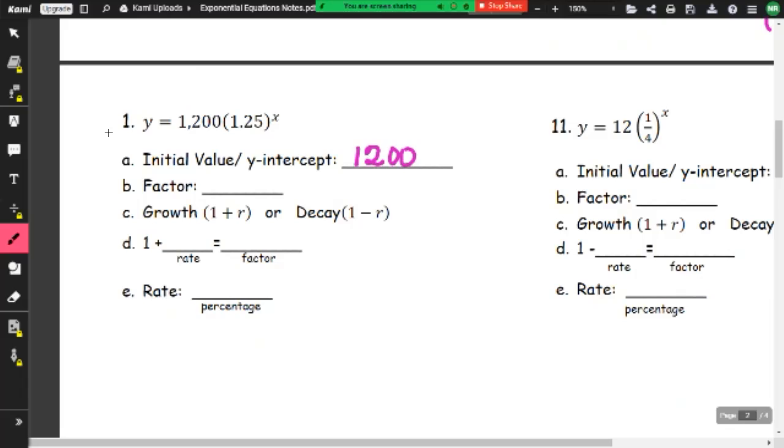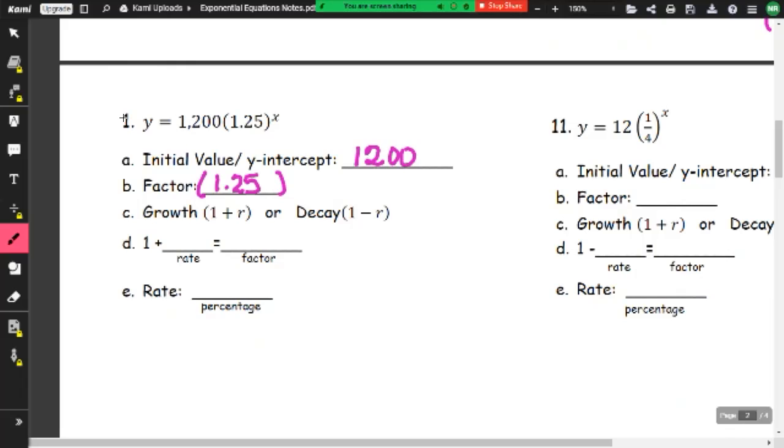What is the factor? 1.25. Now I'm going to put that 1.25 in parentheses, not because we're actually going to do anything to it, but when I put it in parentheses, I'm reminding myself that the factor is the number in the parentheses. Now, to get the factor, you have to have a rate.